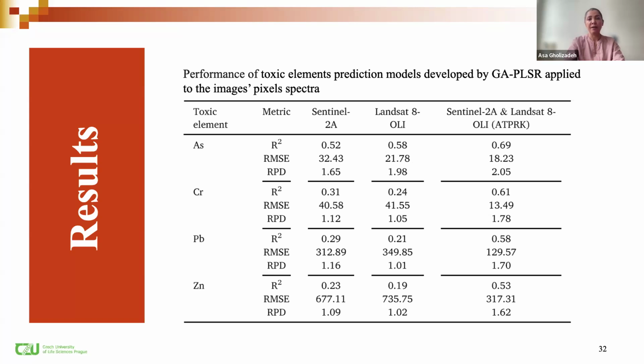You can see that except for arsenic, individual Sentinel-2A provided more robust prediction models than Landsat-8, although the fused product preserved both spectral and spatial features of both individual images of Landsat and Sentinel-2, and provided the best prediction models. So it means in general, first the fused, the integrated product, then Sentinel-2, and then Landsat performed well.